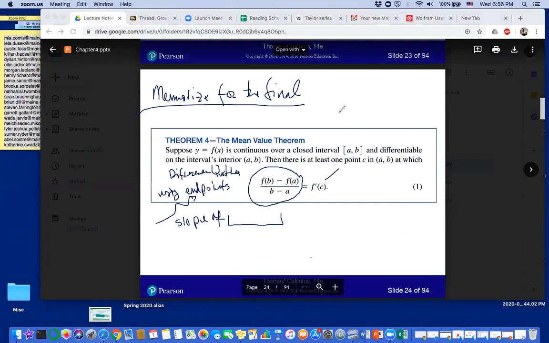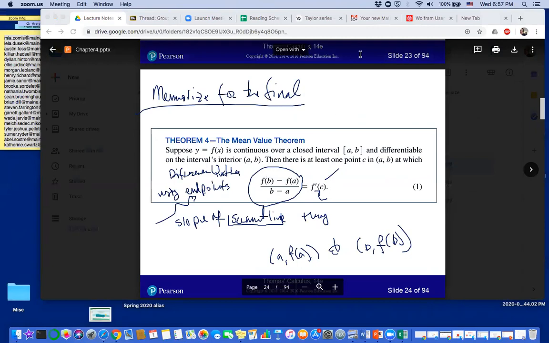This is going to be a tangent line somewhere, but let me see what my chat brings me. Secant. It's the slope of the secant line through the endpoints. So through a comma f of a and b comma f of b. Okay, so what it's telling you is that there must be some point on the interior where the derivative of the function, meaning the slope of the tangent line, is equal to the slope of the secant line through the endpoints.